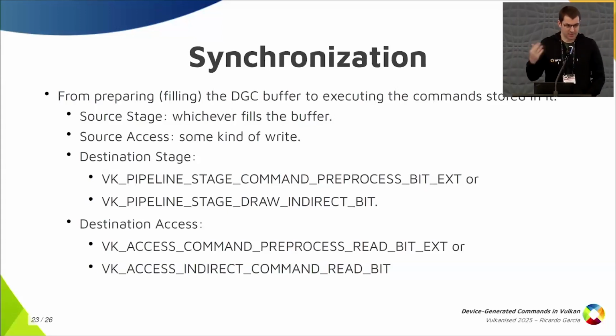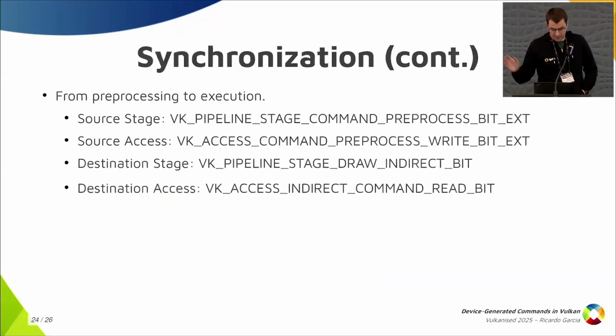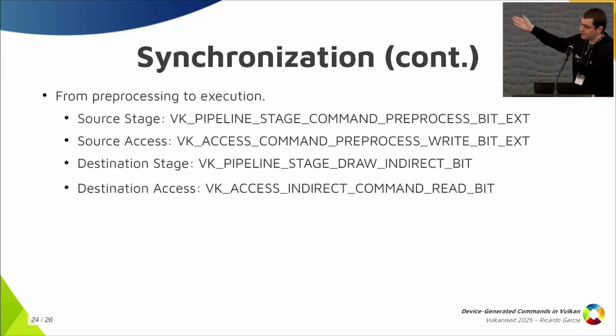If you use explicit preprocessing, you can use the new pipeline stage command preprocess and preprocess read, or you synchronize that with the regular device generated commands execution, which was considered part of the regular draw indirect stage using the indirect command read access. And then, of course, if you use explicit preprocessing, you need to make sure that writes to the preprocess buffer happen before you start reading from it. So you use this stage to synchronize preprocessing with execution.